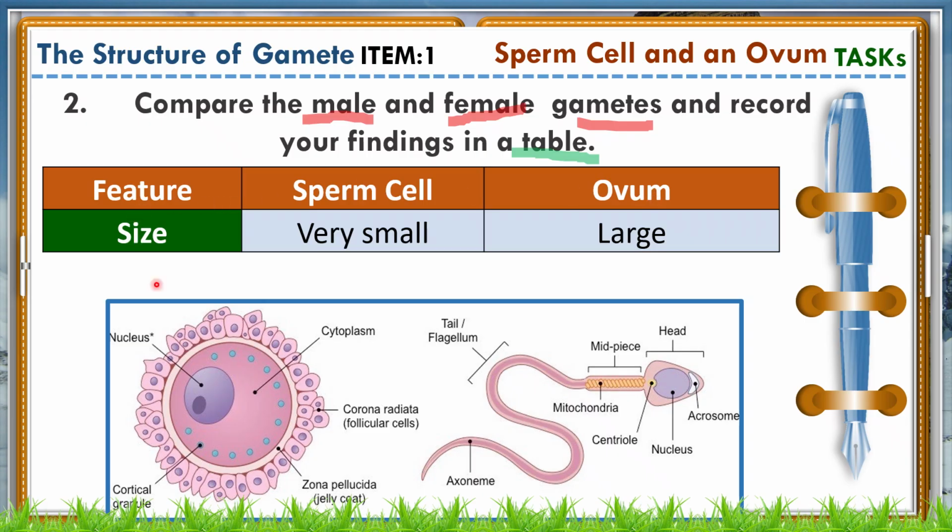When it comes to size, the sperm cell is very small, whereas the ovum is very large. The sperm cell is really very small compared to the ovum. That is in terms of size.